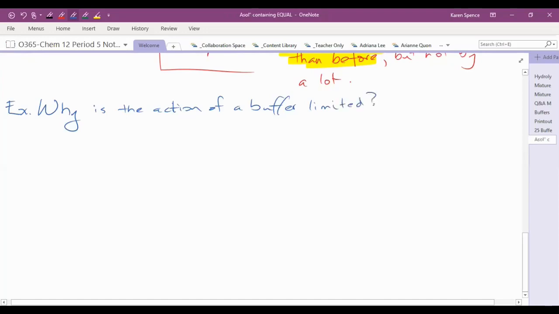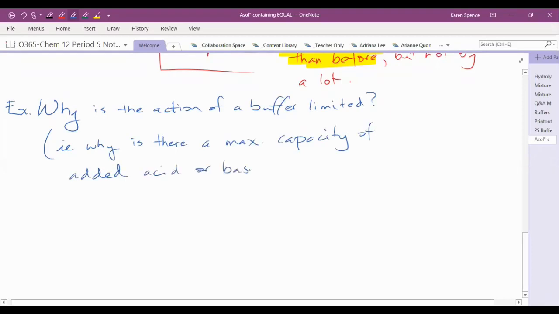It means, why is there a capacity to the buffer? Why does it stop working all of a sudden? Why is there a maximum capacity of added acid or base before the buffer stops working?